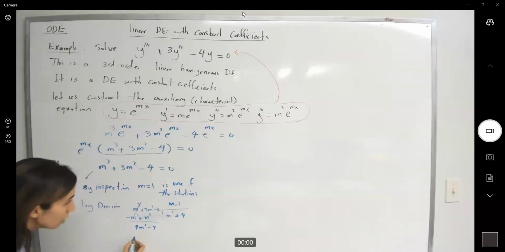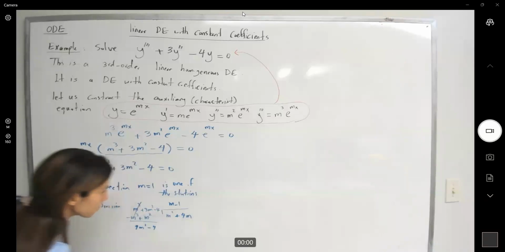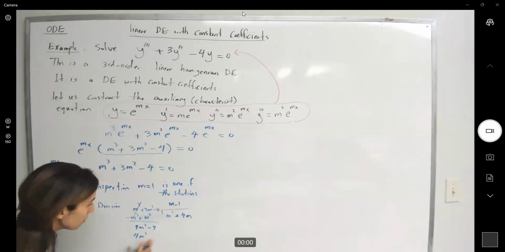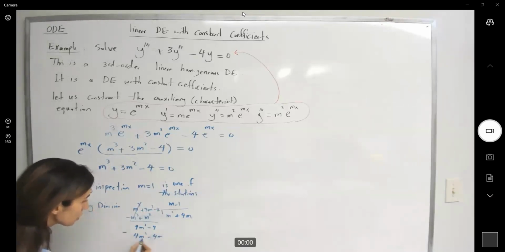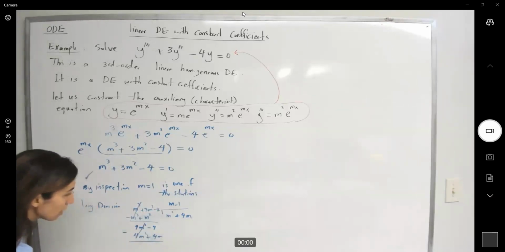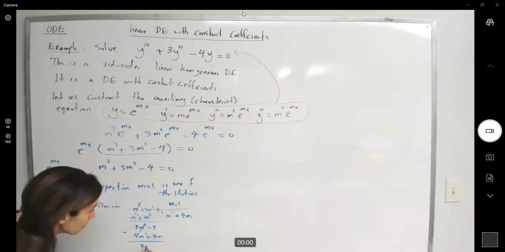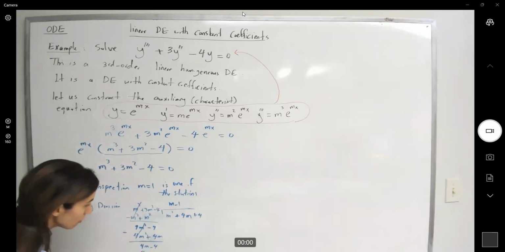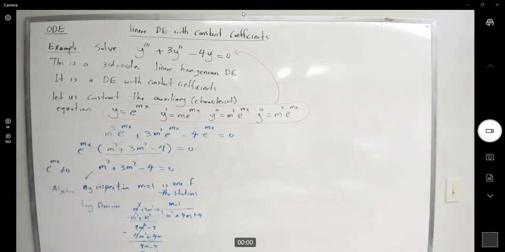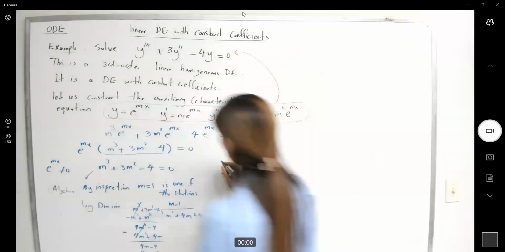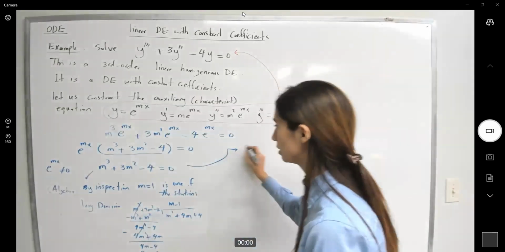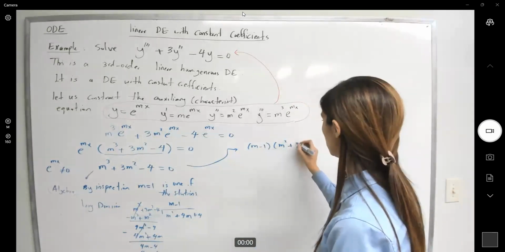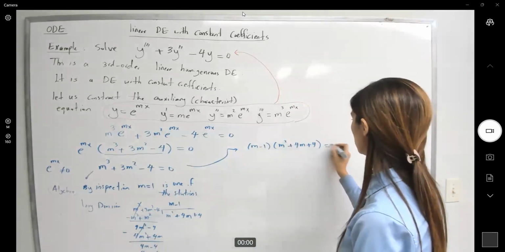Then plus 4m, you get 4m squared minus 4m. Subtract, you cancel out these two, you get 4m minus 4, which is just 0. So this can be written as m minus 1 times m squared plus 4m plus 4 equal to 0.